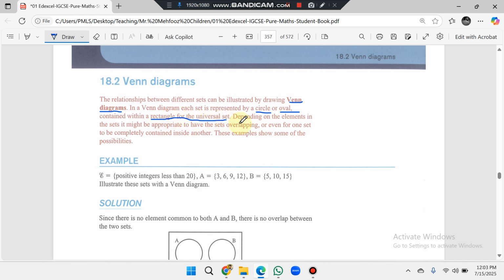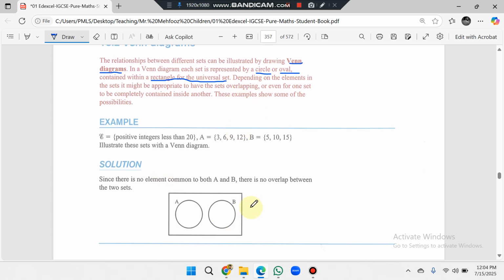As I have explained in the previous class, this universal set is, in every specific question or example, the biggest set in that example, right? For example, this is the example now, and you can see that the rectangle is greater than set A and set B. It means that the rectangle is a universal set.